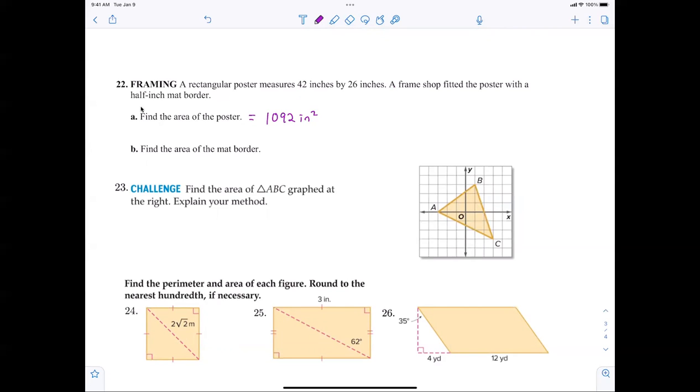All right, now if it's got a 1/2 inch border, everyone, come on, calculate this for me. I want the area of the border.